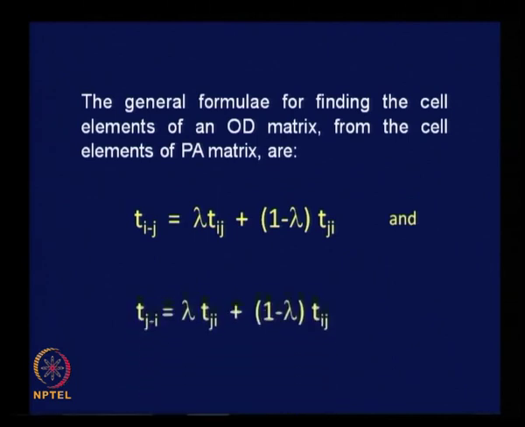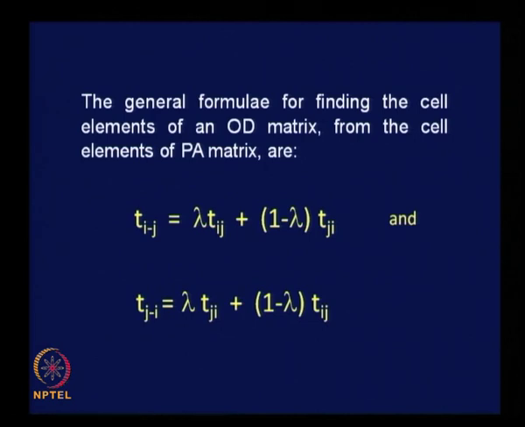And similarly you can write the other directional movement, namely Tj dash i, number of trips originating at j and destined to i, is equal to lambda times Tji plus 1 minus lambda times Tij, right.